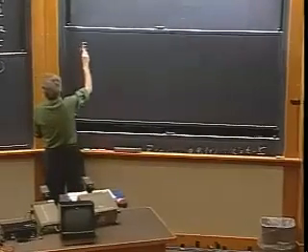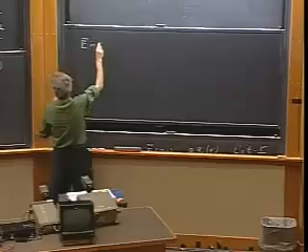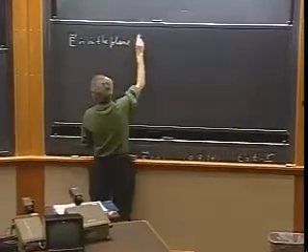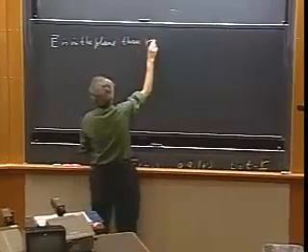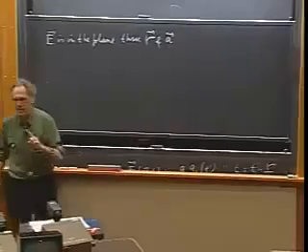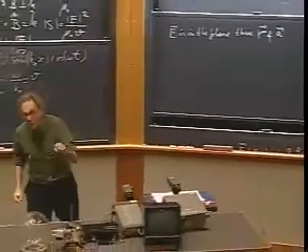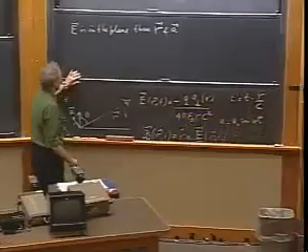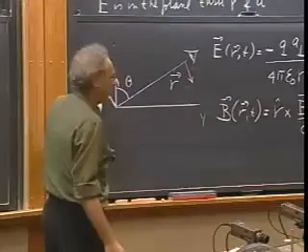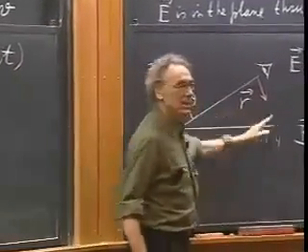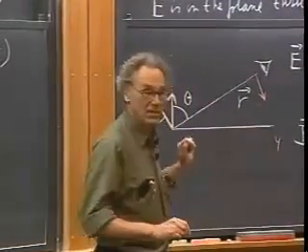So a summary which is very good to remember is that E is in the plane through r and A. In the plane does not mean into the plane. It's in the plane. So look here. The plane through A and r is the blackboard. And therefore the E vector is in the blackboard in this case.